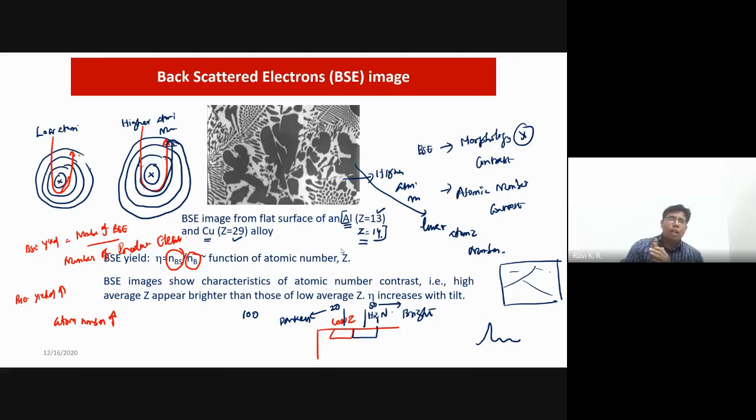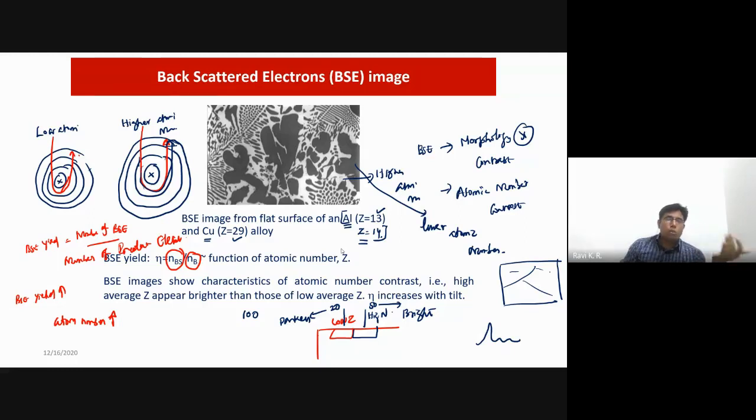Generally, we don't use backscatter electrons alone for many applications, but when you combine backscatter electrons with secondary electrons, many times you get a lot of interesting information. So the contrast mechanism is very different from what we see in the secondary electron. Here the contrast is mainly coming from the atomic number contrast.